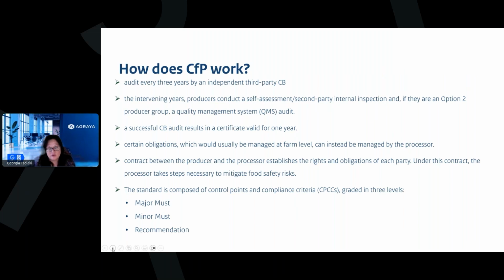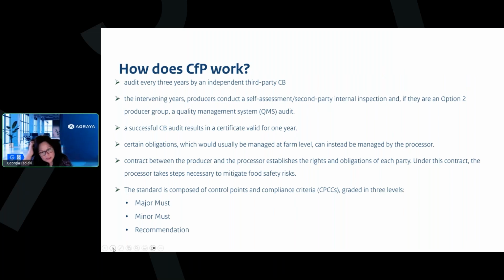The structure of the CFP standard, the requirements, the compliance criteria as we call them, is similar to IFA. We have different categories of requirements. Some of them are recommendations, some of them are minor requirements, and some of them are major requirements.